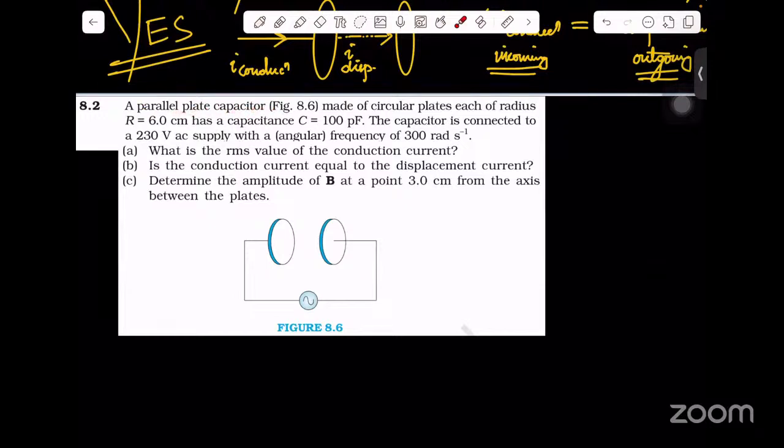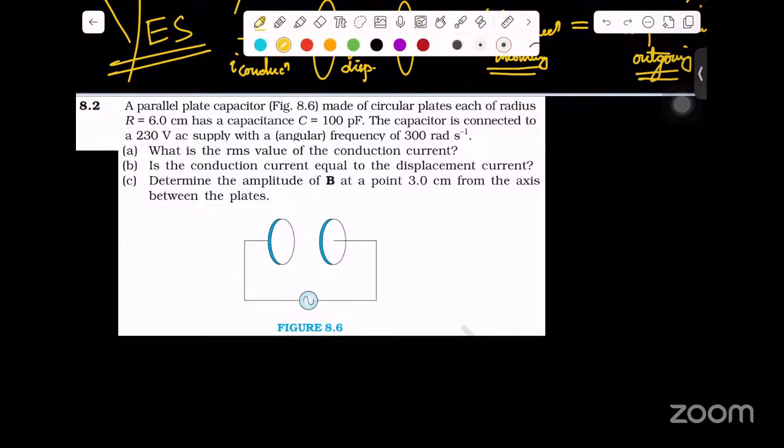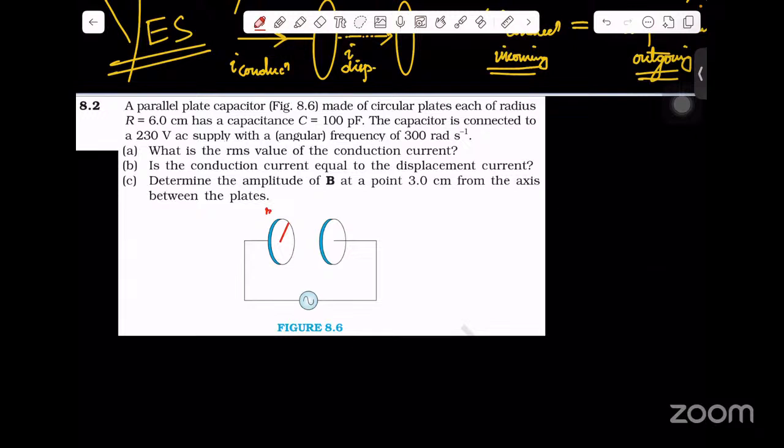A parallel plate capacitor in this figure is made up of circular plates, each of radius 6 centimeters. And it has a capacitance of 100 picofarads, right?